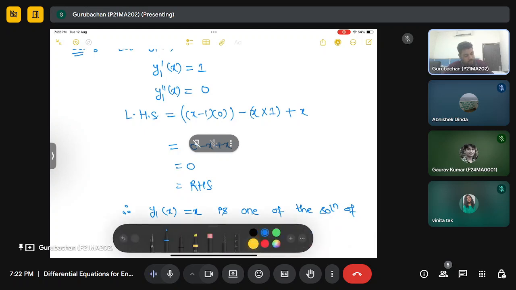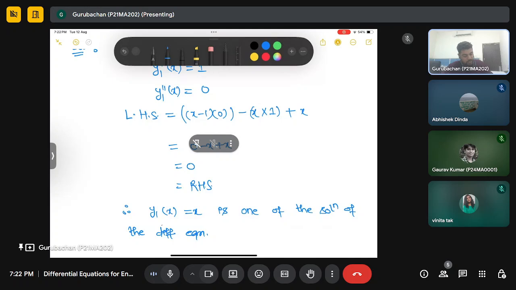Since it is only one function, we can say that it is independent also.